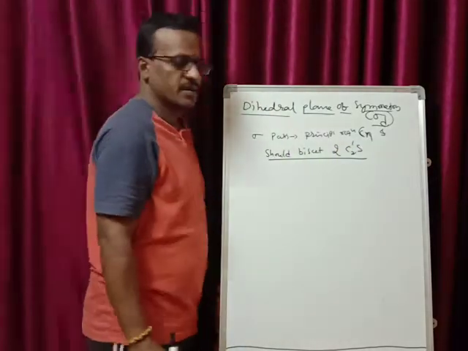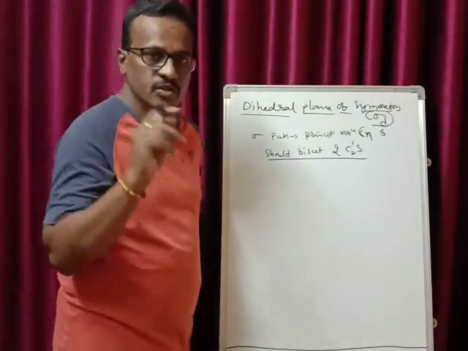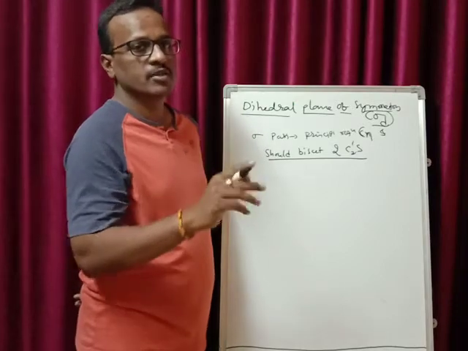This is the condition for the dihedral plane of symmetry. That is, the plane of symmetry should pass through the principal rotation axis of symmetry and should bisect two C2s.